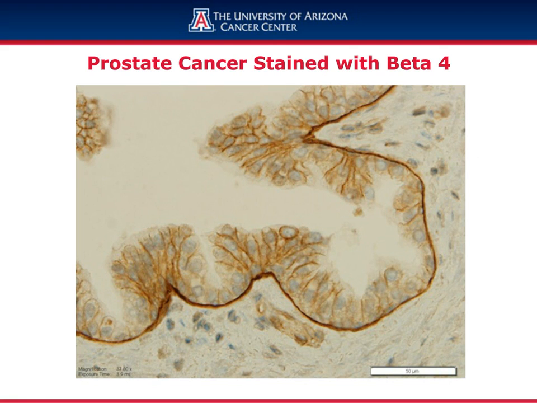Here's an example of prostate cancer with a beta-4 integrin antibody, and as you can see, the basement membrane is stained along with the epithelial cells in this particular prostate cancer.